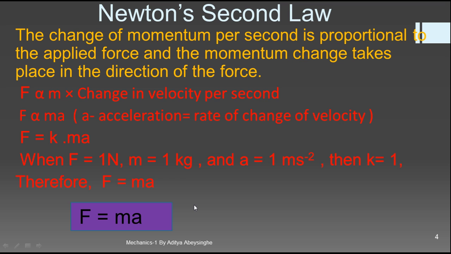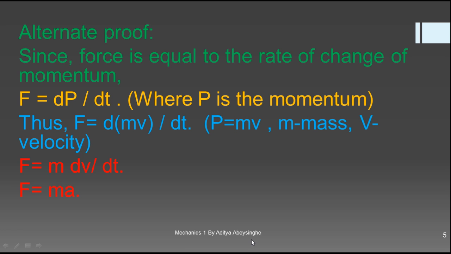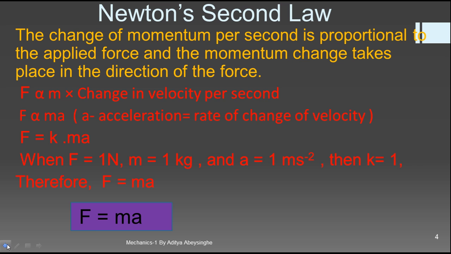So we get the popular definition F equals ma in such a derivation. Another way of proving Newton's second law is using the momentum change, the direct definition of the momentum change. So what we did here was that we actually went on a detour, right? We called mass times the change in velocity per second, the momentum change, in the first line.